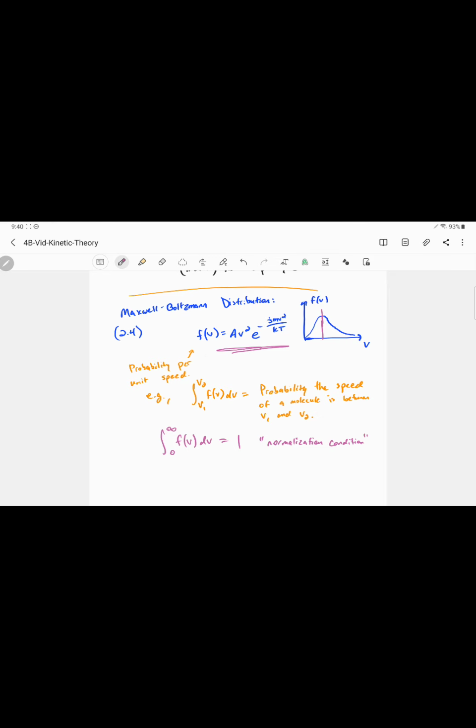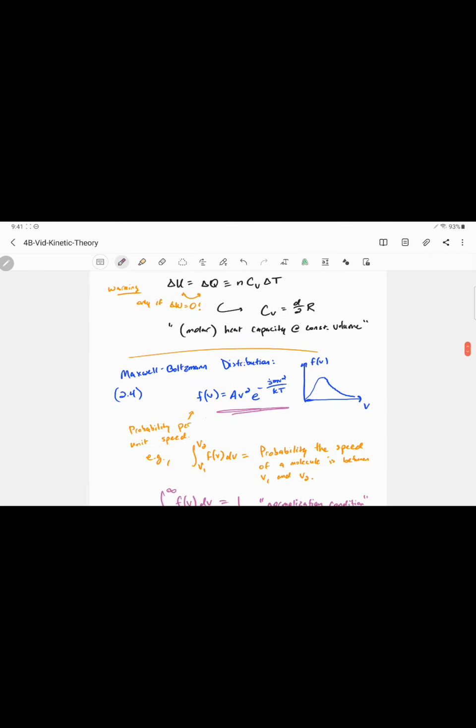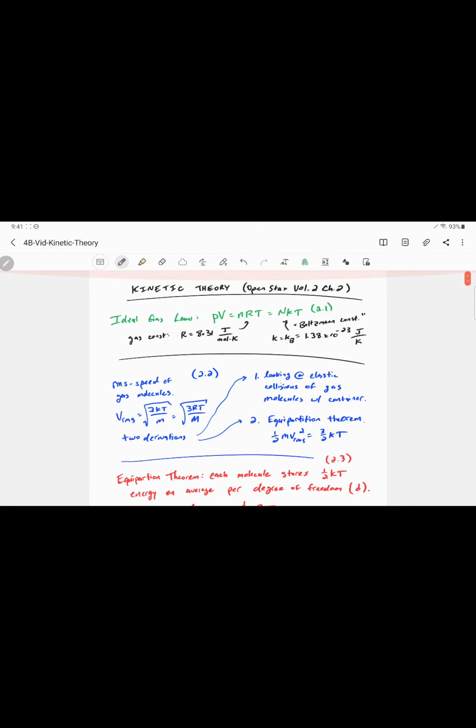This is at the very peak of that distribution, right? That's the most probable one. But the average of all the speeds is a different value from that. So the average is farther out here, and then vRMS is even farther out there. So you get to compute a whole bunch of stuff related to that.